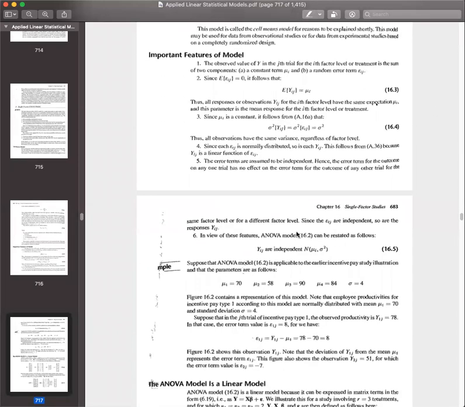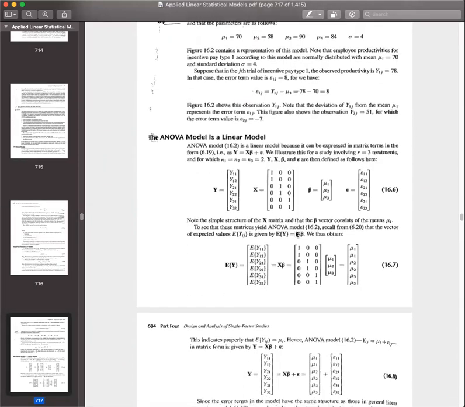The ANOVA model is a linear model. It is a linear model because it can be expressed in matrix terms in the form y equals X beta plus error, where y is this matrix of y1,1 all through y3,2, and X is equal to this identity-type matrix. Beta is equal to the 3 mus, and the error term is equal to all the error terms.